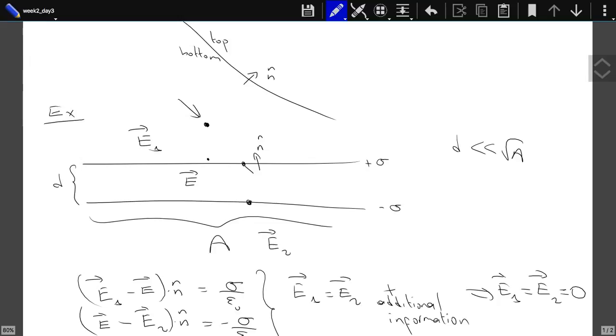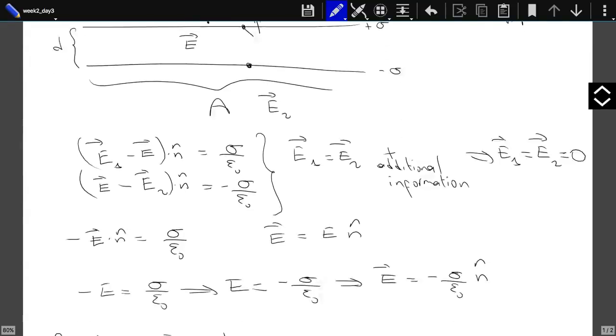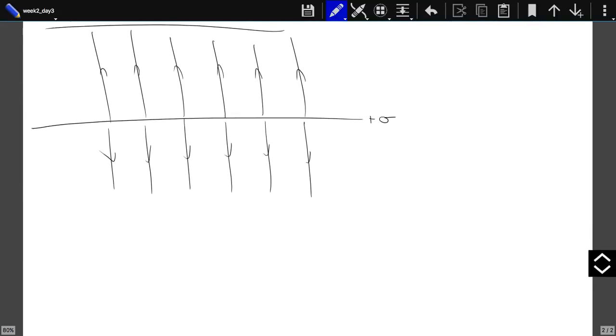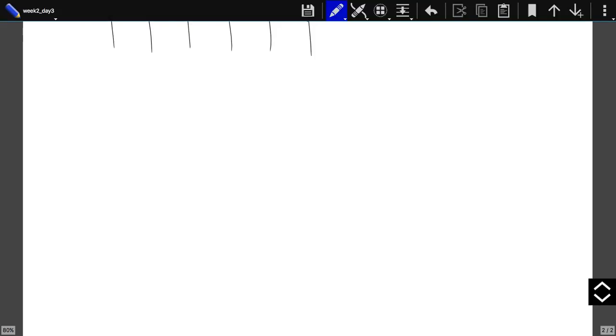Only if the plates are infinitely wide, then horizontal translations do not make any change. Any questions?